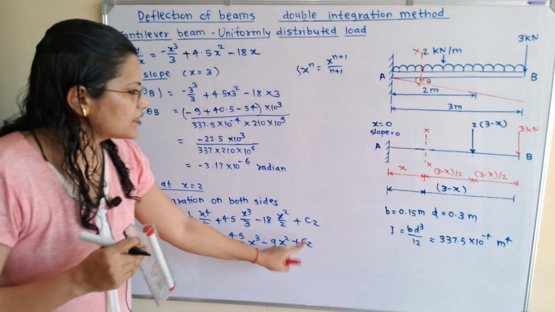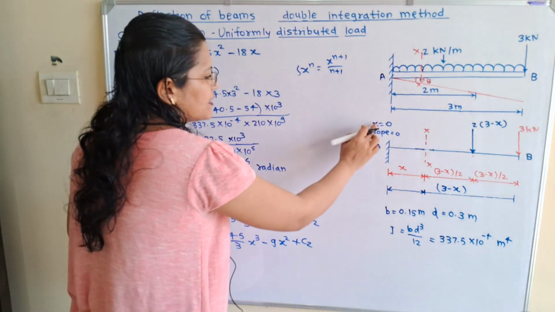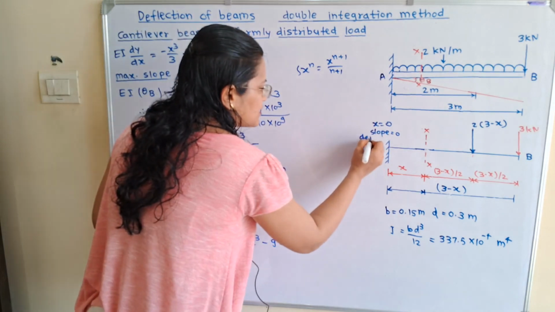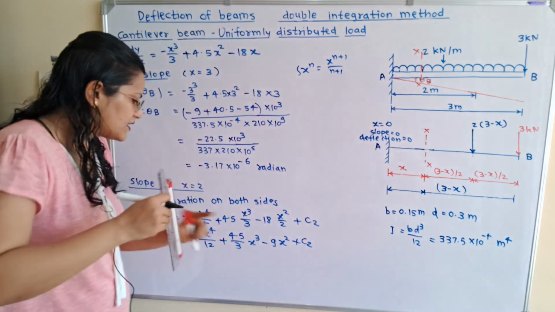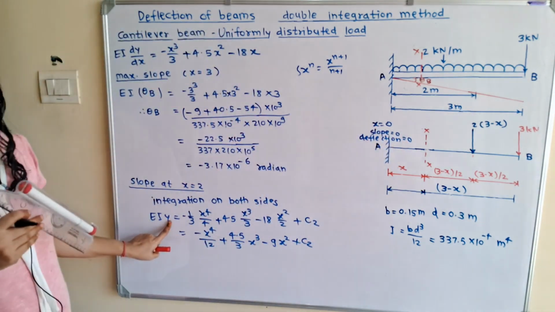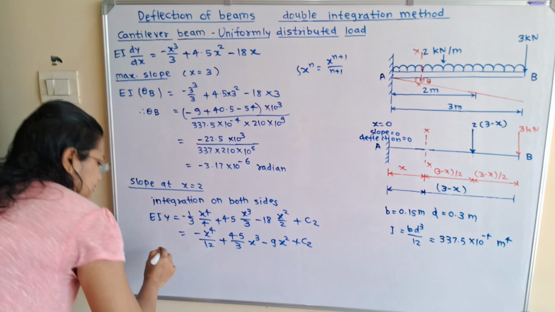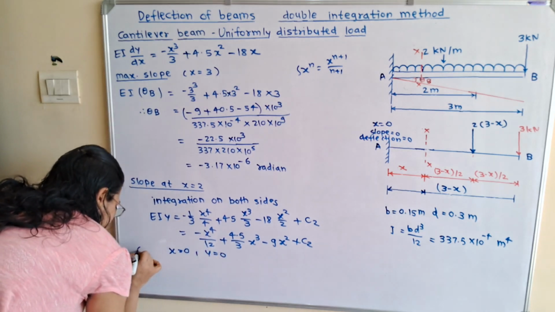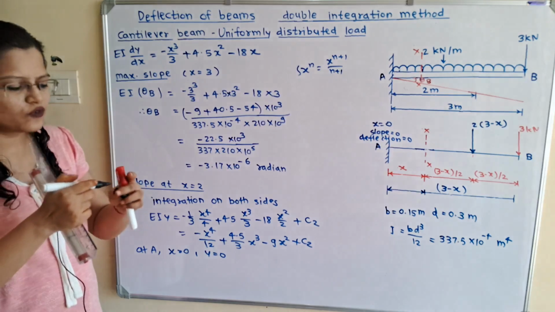Now how to calculate this value of C2? If we observe the diagram, at fixed end, x is equal to 0, slope is equal to 0 and deflection is also equal to 0. So this deflection is shown with this y. So y is known as deflection. When x is equal to 0, then y is also equal to 0, that is at point A, and these are known as boundary conditions.